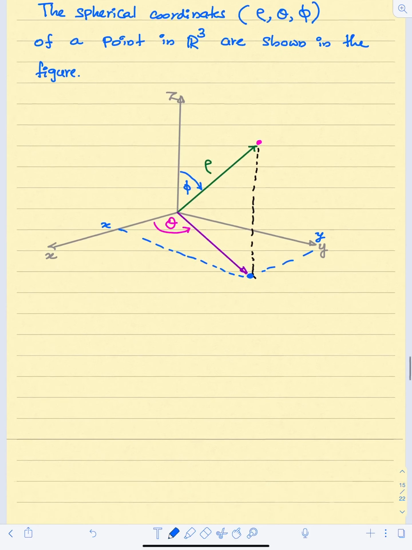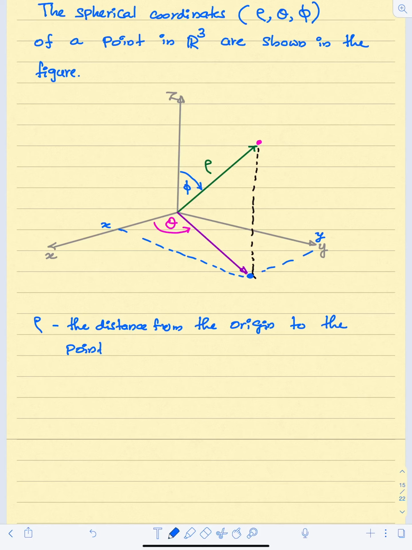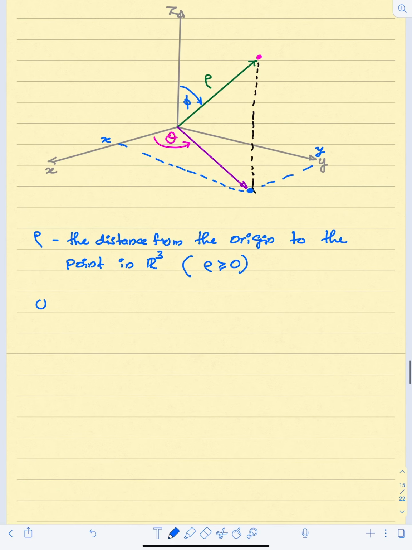So let's write those things. Rho is the distance from the origin to the point in R3. So in general, rho can be greater than or equal to 0 because it's a distance. And angle theta is the polar angle.